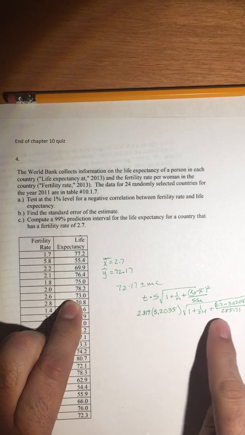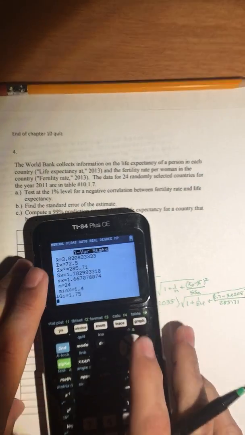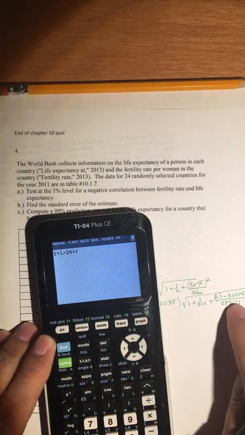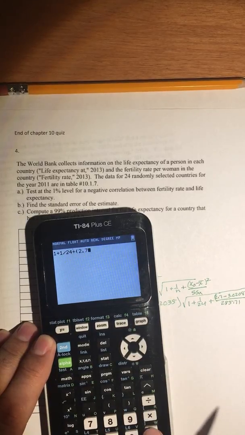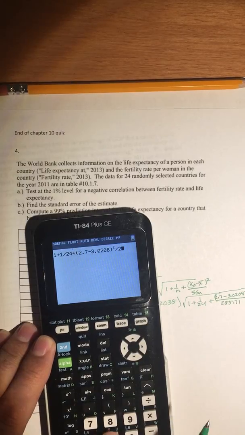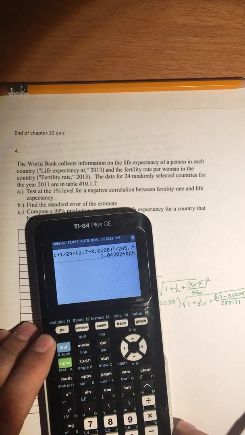Okay, so we've got to type in all of that stuff, right? So we're going to quit out of here. 1 plus 1 over 24 plus, and then this is going to be 2.7 minus 3.0208, 3.0208 squared divided by 285.71, and then we're going to take the square root of that, and that's 1.02079.